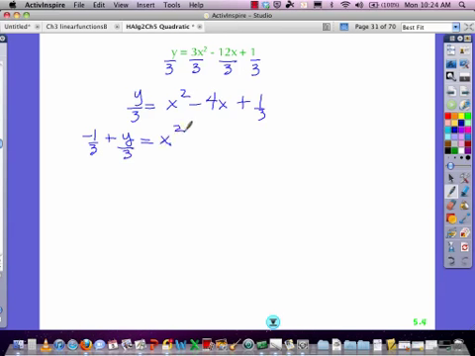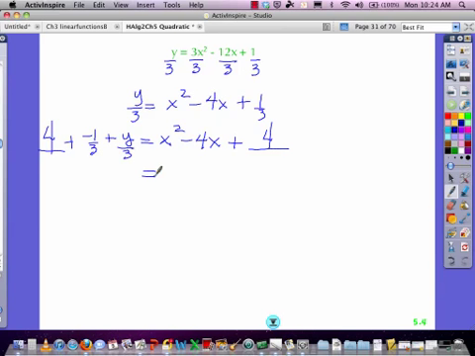And we're looking at x squared minus 4x plus, now this is the blank where we're going to add, after we complete the square, a new term to both sides to keep this balance going. Identify the middle term, -4x, half of that, -2, squared is 4.